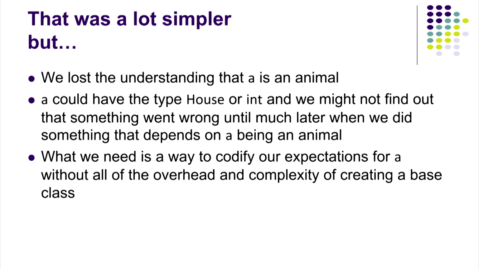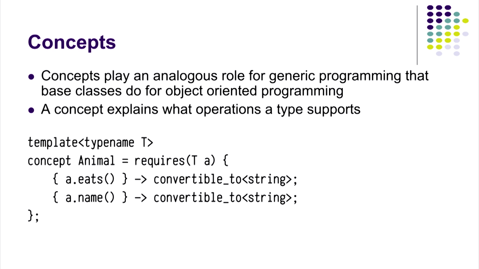So a could have the type house or int, and we might not find out that it was an inappropriate type until much later, right? Meaning a million lines away. I don't mean at runtime. You'll still catch it at compile time. But what we really want is a way to codify our expectations for a without the overhead and brittleness of forcing it to inherit from an animal base class.